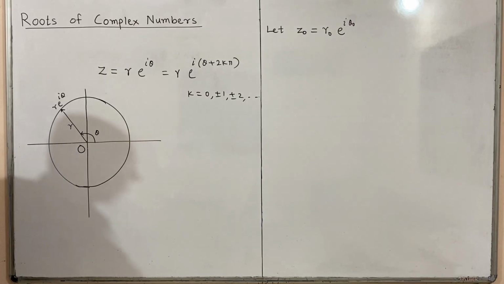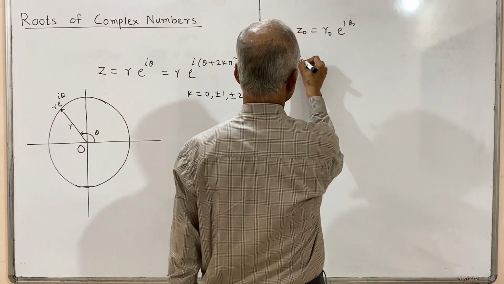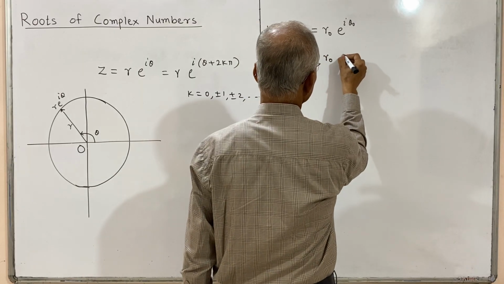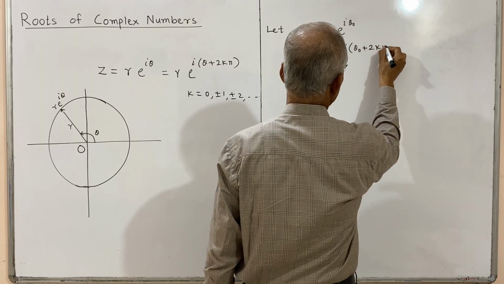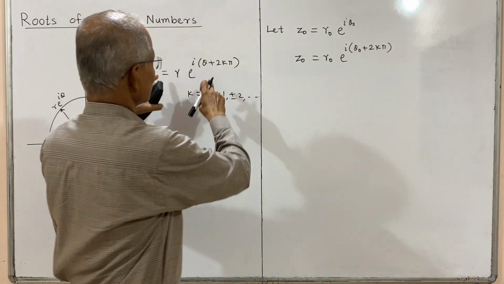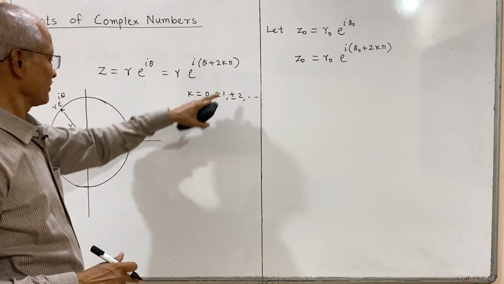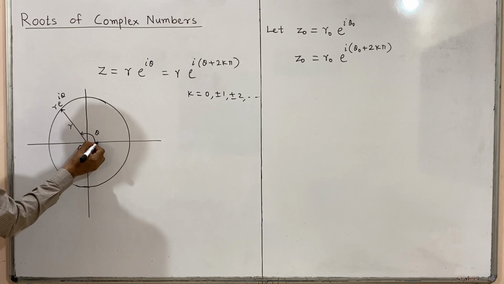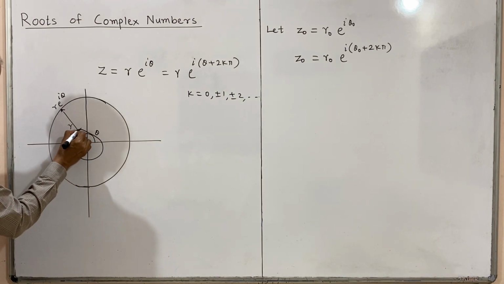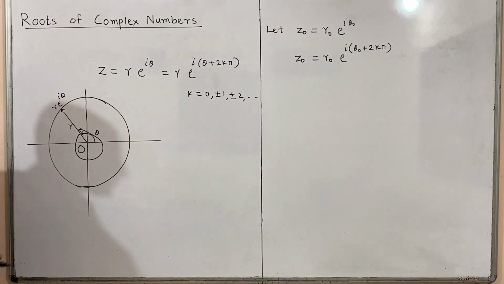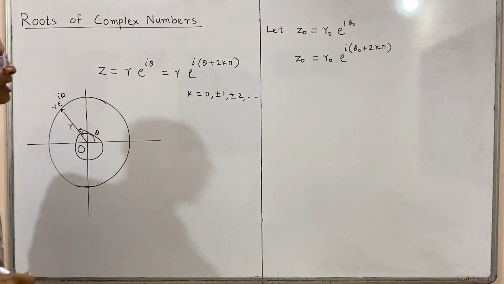And this z naught is again written as r naught e power i (theta naught plus 2k pi), because if you add 2 pi to this angle, then we get the same position as this one. This is theta plus 2k pi, theta plus 2 pi, and so on.